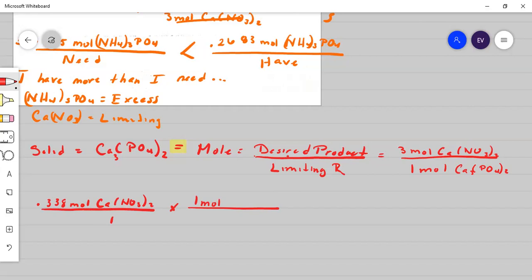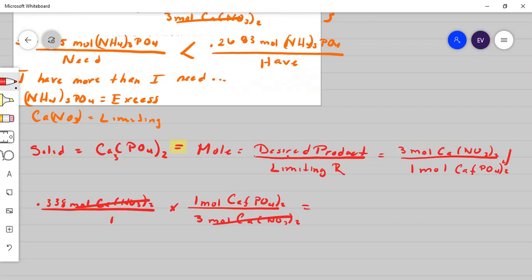Oh, I flipped these, by the way. Sorry. 1 mole of calcium phosphate over 3 moles of calcium nitrate. It's supposed to be over the limiting. I just flipped them right here. The reason I had to flip it was because I needed to cancel these. So 0.338 times 1 is 0.338, obviously.